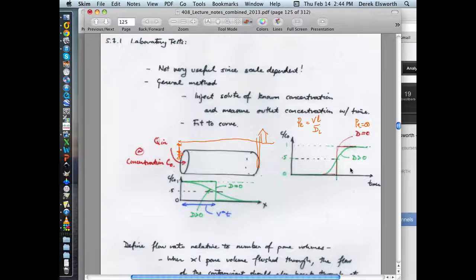And as dispersion is increasing, it gets flatter because the Peclet number is reducing. So obviously, if you do an experiment in the lab, in a core, you can't see this. And so you can't use that. But you can use the external residence time distribution trace as it comes out of the sample to be able to do that. And of course, what you could do is you measure the relative concentration as it comes out at the end of the sample.